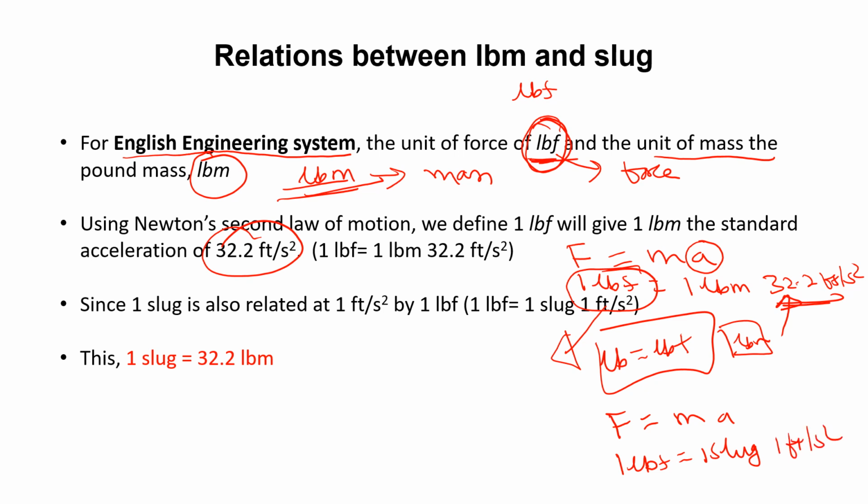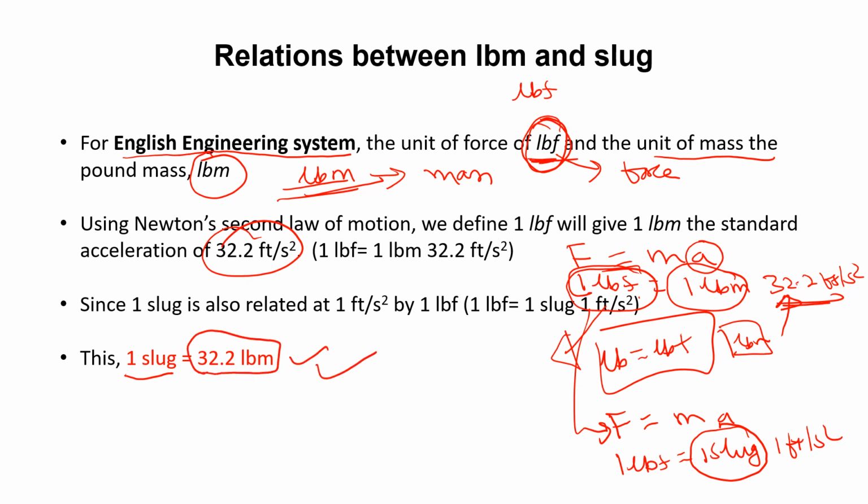If you compare between these two, so both are pound force, the relationship between slug and pound mass, again these are both units of mass, you get that 1 slug is 32.2 pound mass. This is a very important relationship because as we try to solve problems, you get a problem in which you see the unit of mass to be in pound mass.